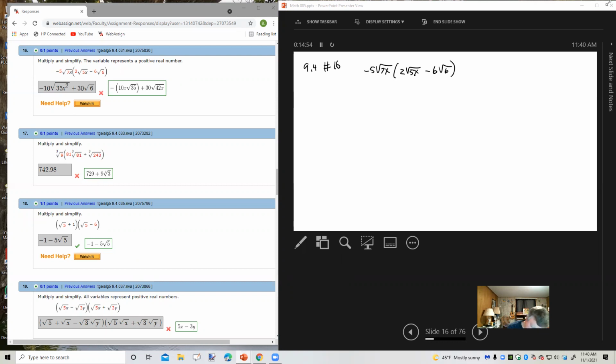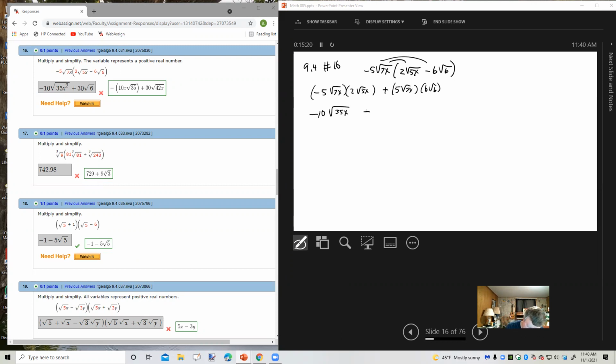Okay, so distributing, I get -5 square roots of 7x times 2 square roots of 5x. And then minus times minus is plus 5 square roots of 7x times 6 square roots of 6. Let's see here. In this first one, I get -10 square roots of 35x.